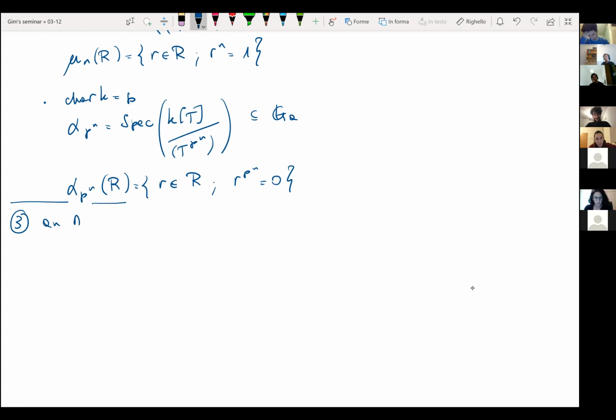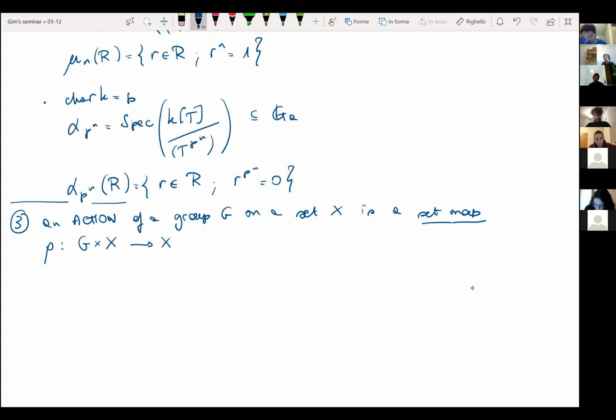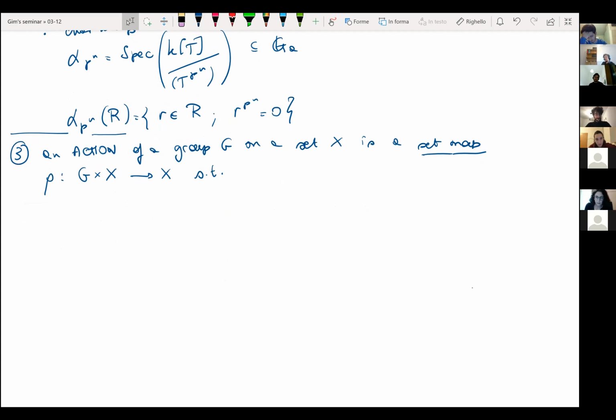So I recall that an action of a group G on a set X is once more a set map, so it's a map of sets that we denote rho from G times X to X. We want this map to be compatible with respect to the multiplication on G, so we want the following diagram to commute.